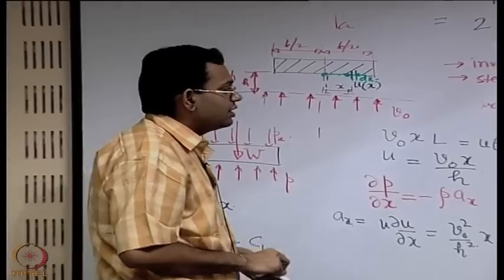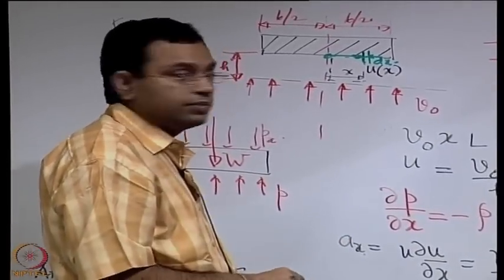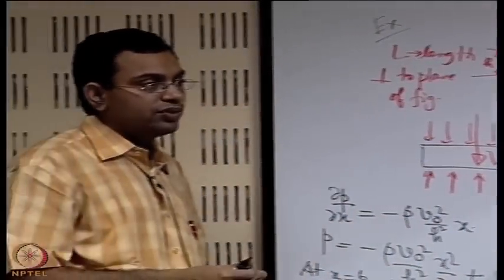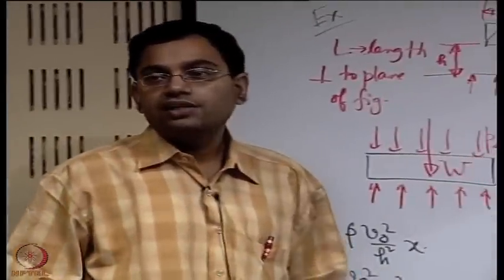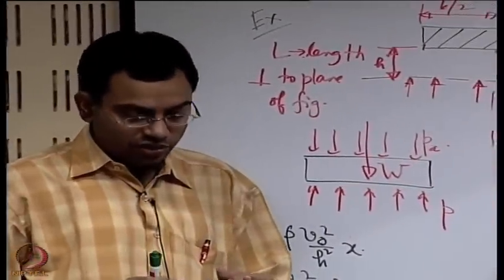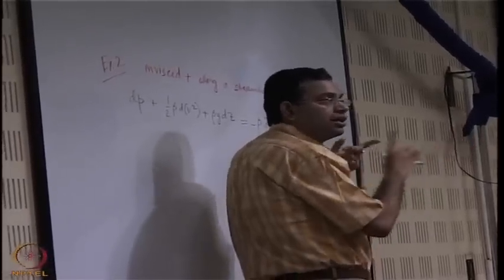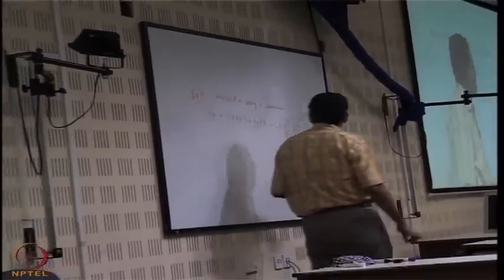We will in the next class use the Bernoulli's equation for solving some other problems, but before that in the next class we will create a small introduction for that. We will write the Euler's and the Bernoulli's equation in terms of a different coordinate system, that is a streamline coordinate system. Why are we interested to write it in a streamline coordinate system?